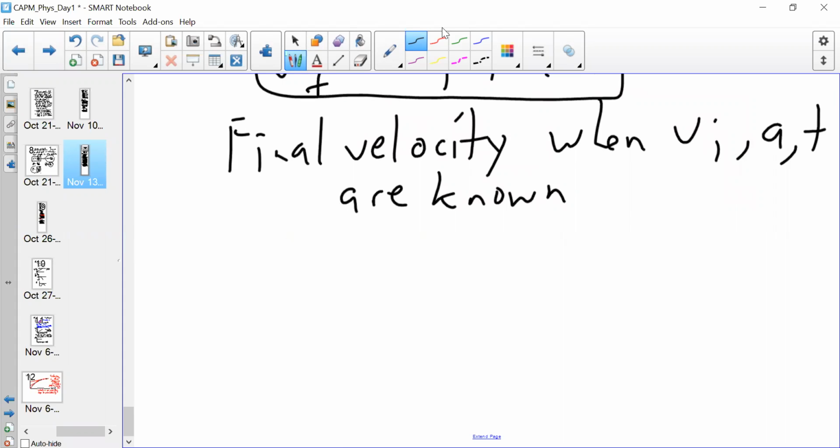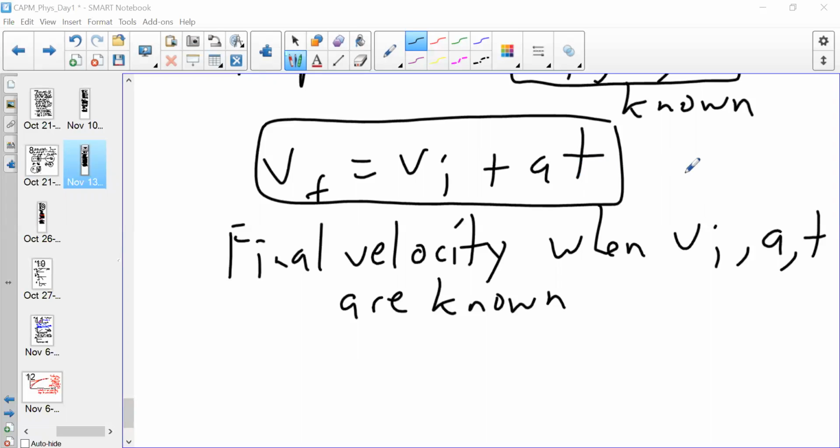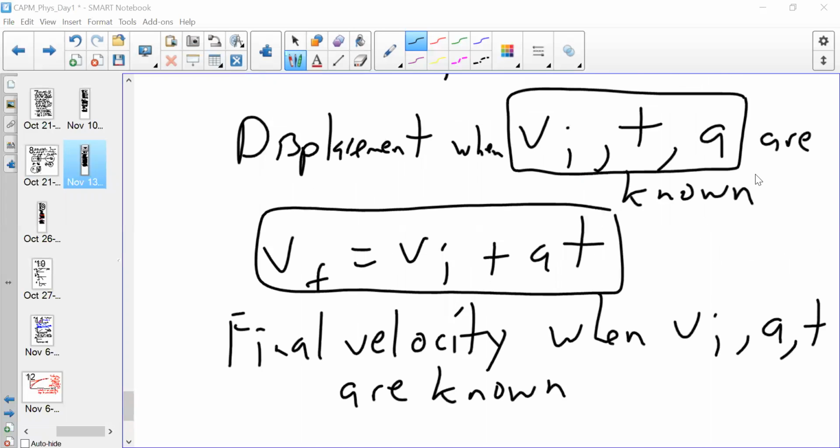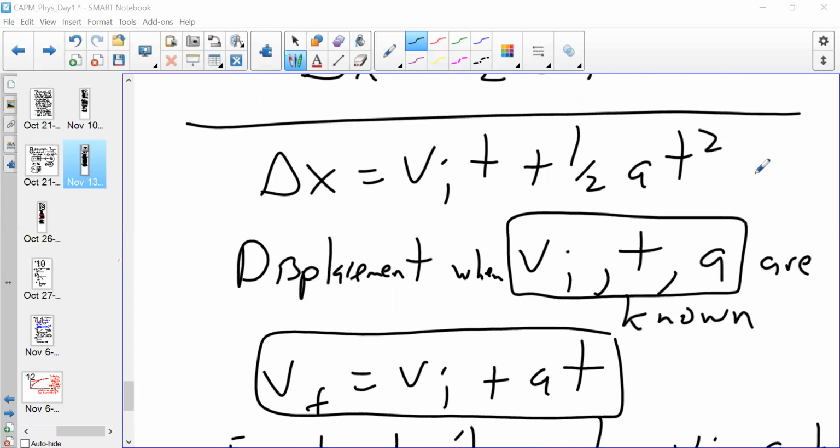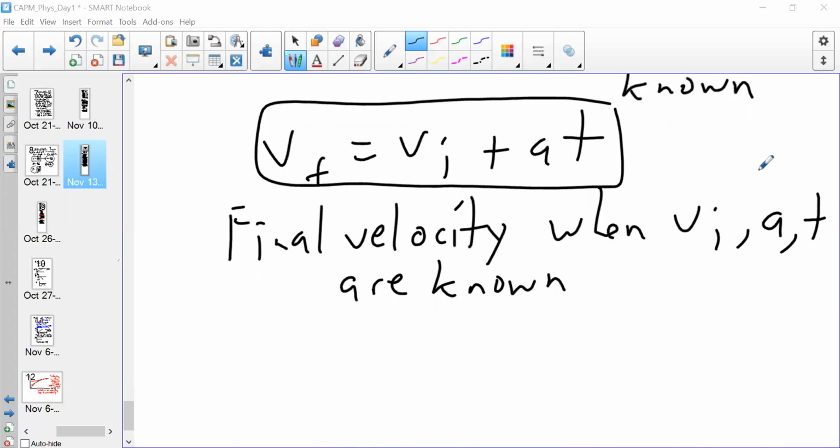And technically, this would be a delta t. I get glib and write it as t because I've been writing t forever. So let's just be totally basic on this.